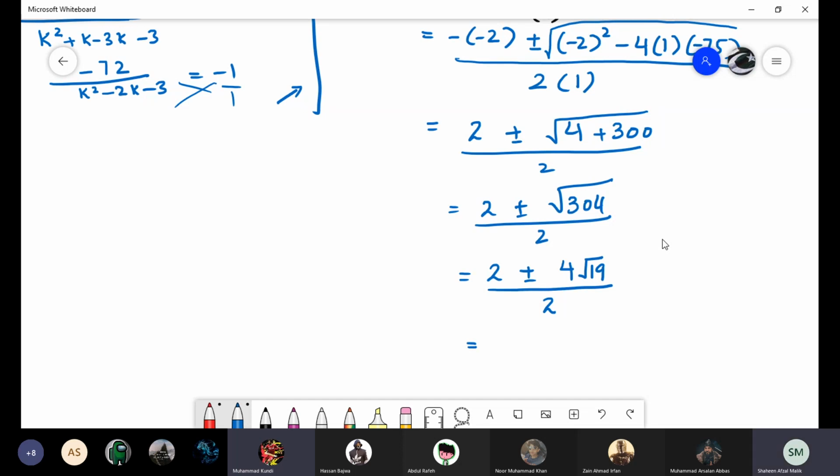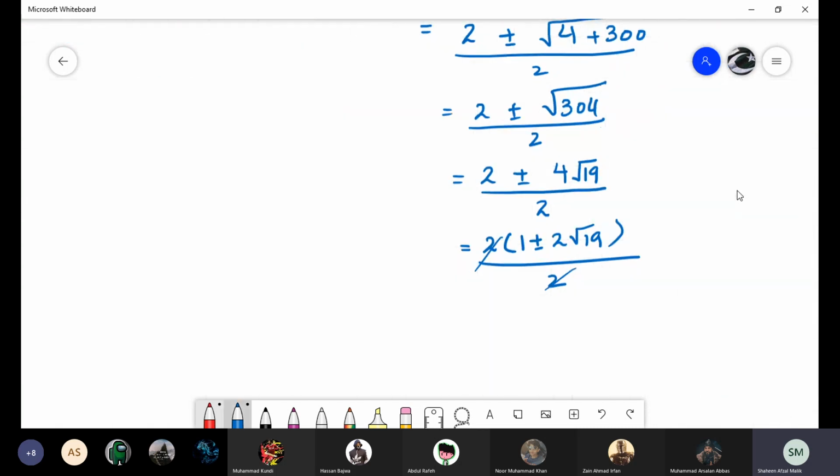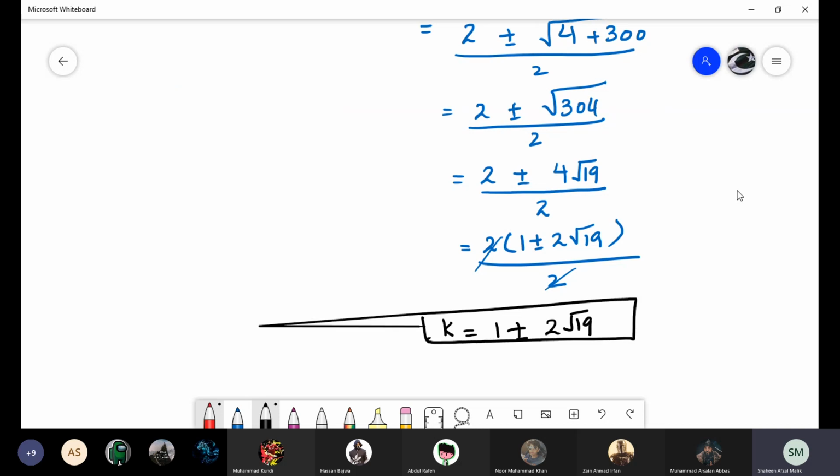No need, because we need the answer in square root form. So take 2 common: it will be 1 plus or minus 2 square root of 19, divided by 2. This 2 and this 2 will cancel each other, and your final answer will be 1 plus or minus 2 square root of 19. This is the value of k. That is the answer of the last part of your question.